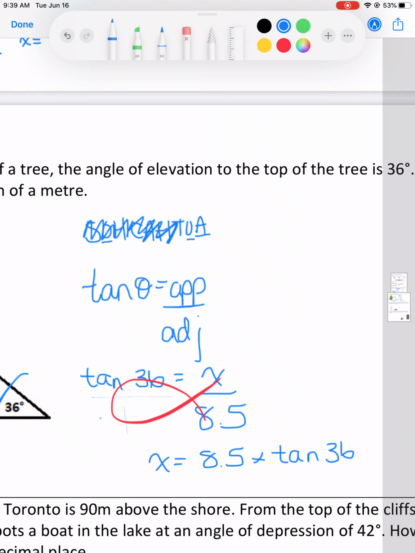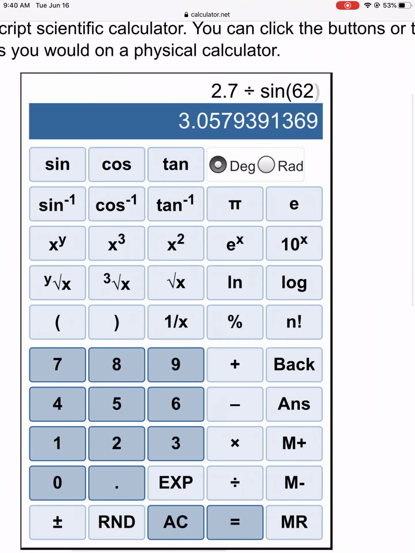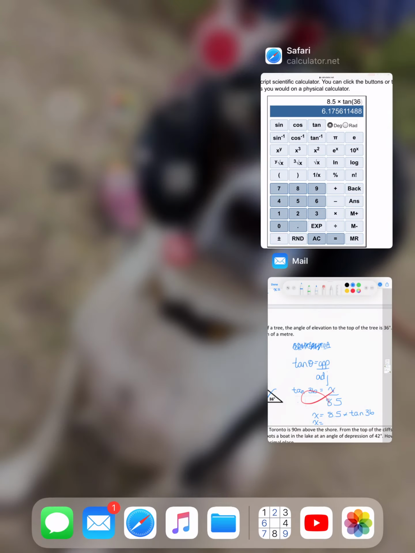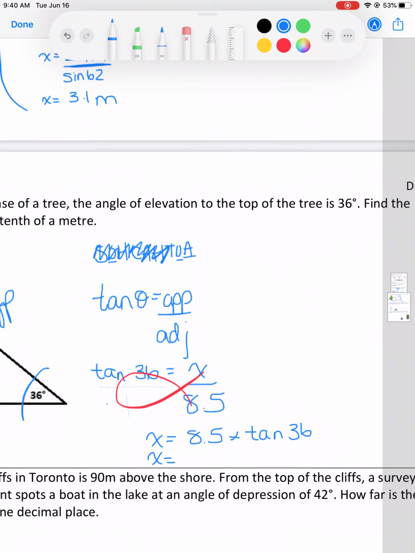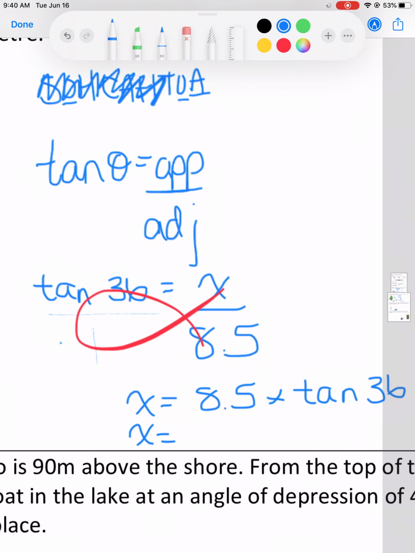Technically it's divided by 1, but anything divided by 1 is the same. That's 6.2. What does it say? To the nearest tenth of a meter. 6.2.